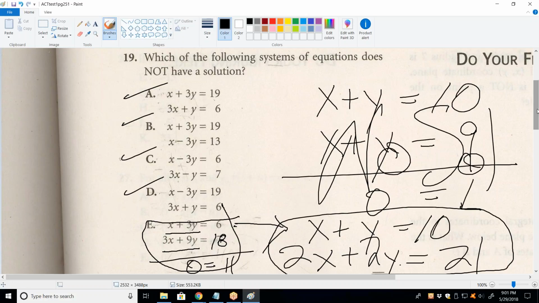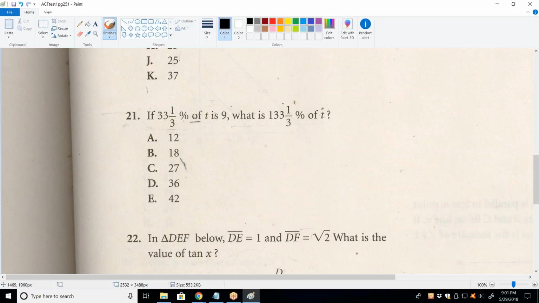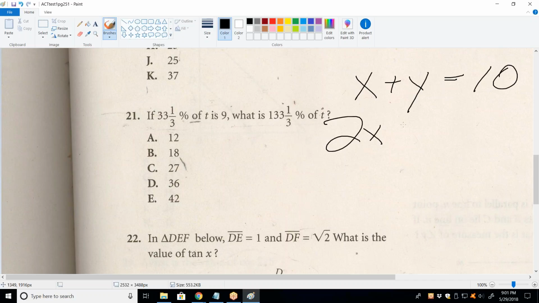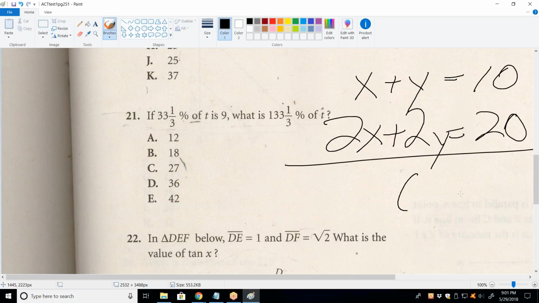The biggest thing you have to understand is this; let me say one last thing. If I said x plus y equals 10 and 2x plus 2y equals 20, and now I go to solve it, I get 0 equals 0. That's an infinite number of solutions.